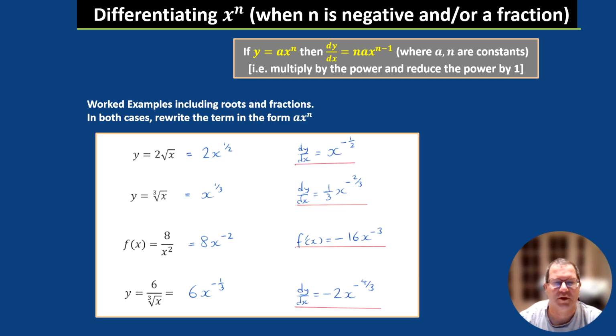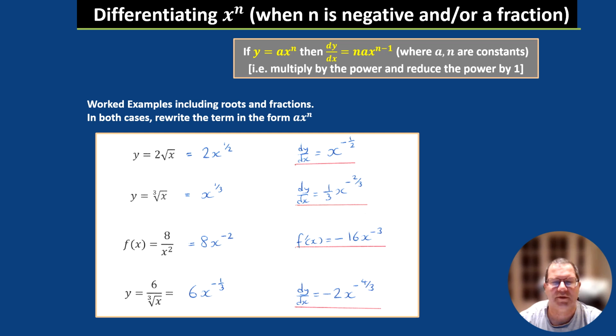Our final set of worked examples include roots and fractions, and in both cases, we need to rewrite the term in the form ax to the power of n. So for the first one, we have y equals 2 root x. Now, as we know, the square root of x is x to the power half, so we can rewrite that as 2x to the power of half. And then when we differentiate it, 2 times a half is 1, so the coefficient is 1, which we don't write.